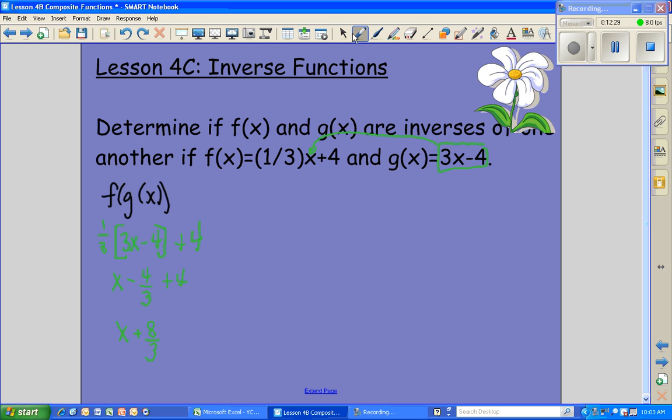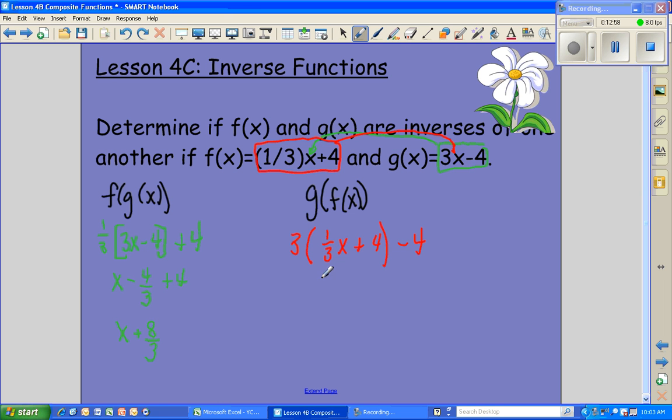Okay. Now what happens when I test out g of f of x? That is when we're going to take this 1/3 x plus 4 and substitute it in there. So we're going to get 3 times 1/3 x plus 4 and then minus 4.